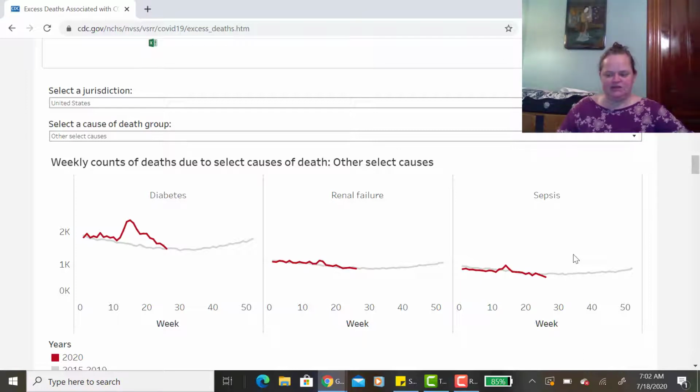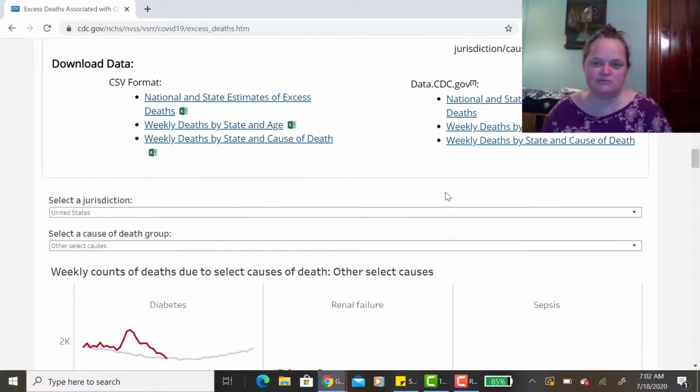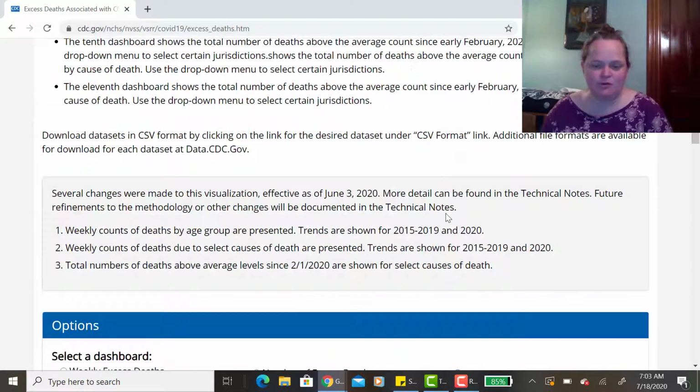So it could be you had heart failure, but it was caused by diabetes. Well, these diabetes deaths may have been COVID deaths. We've been hearing a lot about comorbidities, which are conditions you have at the same time that may have contributed to COVID being more severe for you. And diabetes was one of them, I'm sure.